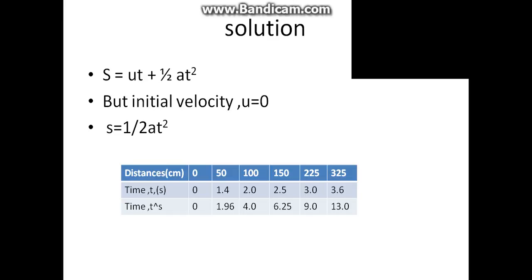At 100, the time is 2 and the time squared is 4. At 150, the time is 2.5 and the time squared is 6.25. At 225, the time is 3.0 and the time squared is 9. At 325, the time is 3.6 and the time squared is 13.